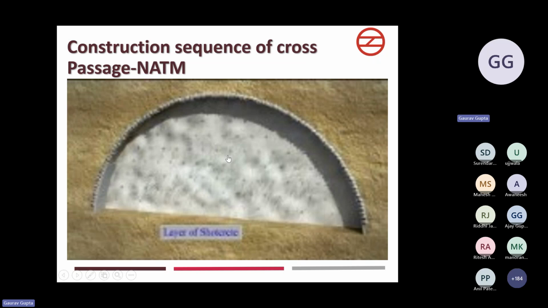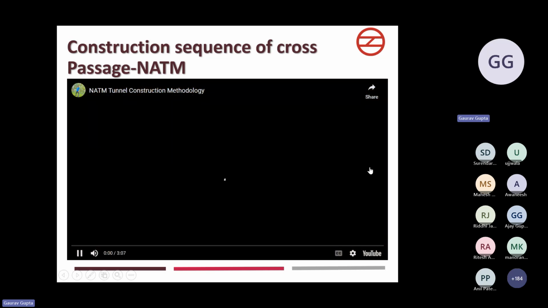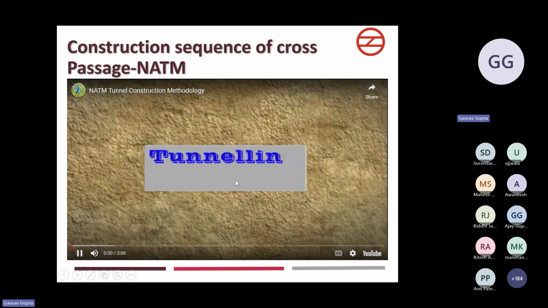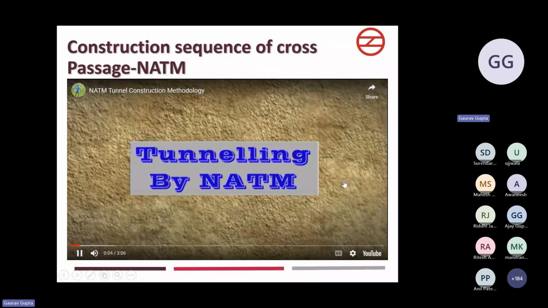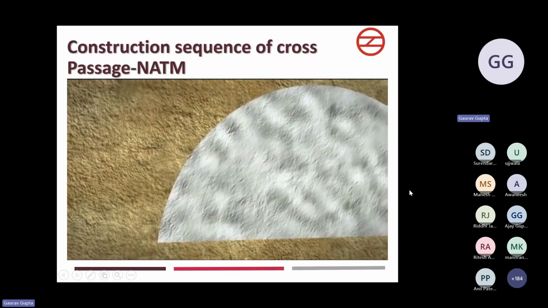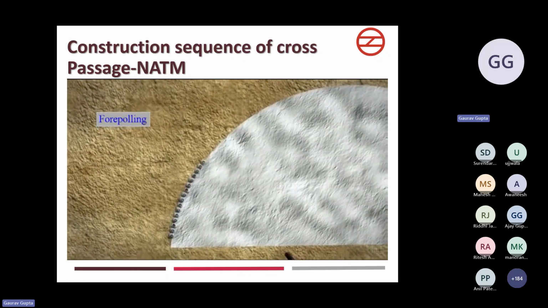Now I will explain to you the construction sequence of the cross passage. Here you can see the forepoling.